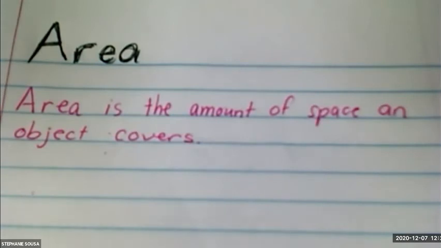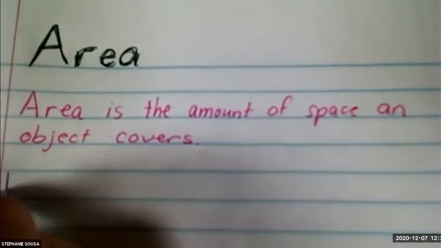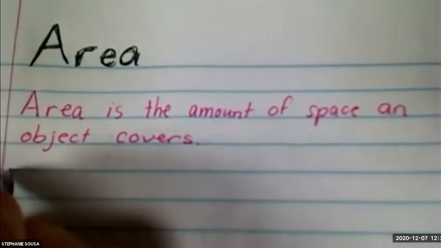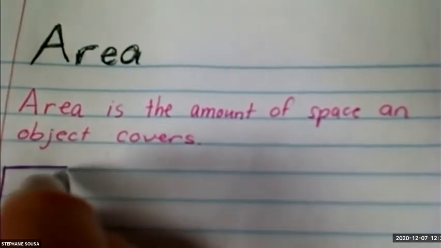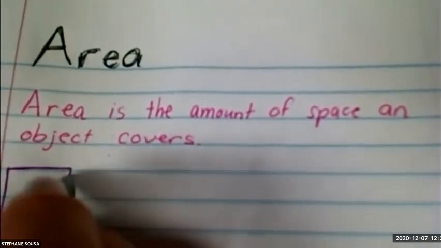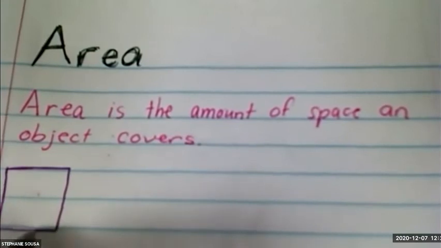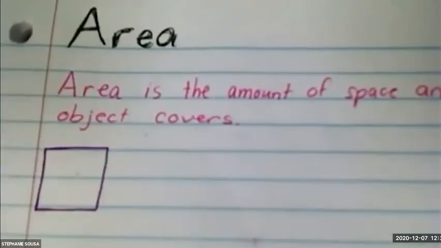Okay. Now we talked about this, but we're going to draw a nice picture to help us as well. Area is described in square units. So go ahead and draw yourself a big old square and try to make sure that it's as even of a square as possible so that all four sides are the same size.